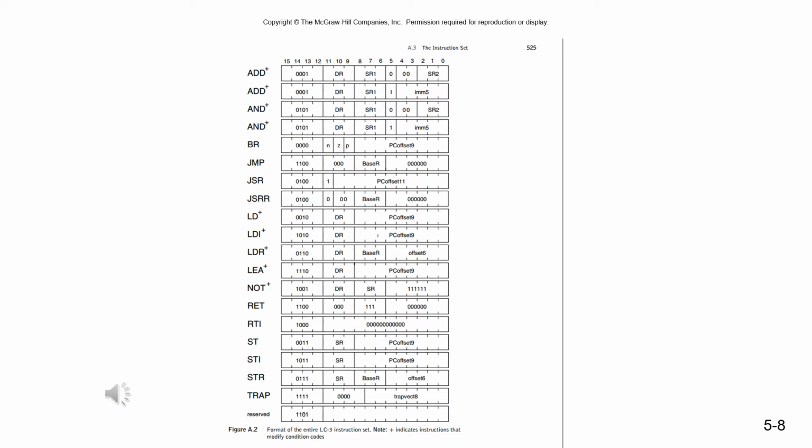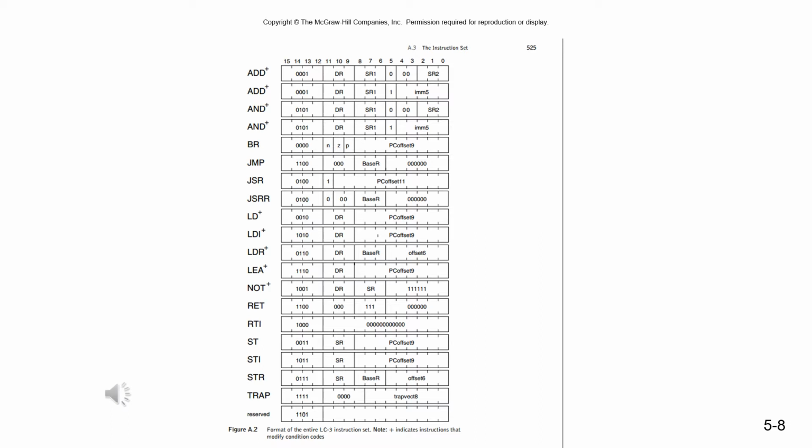When you see the plus next to the assembler mnemonic, add, and, load, LDI, LDR, LEA, not, those are instructions that set the condition code. Why do they set the condition code? The condition code is based upon the sign of the last value written to a general purpose register.